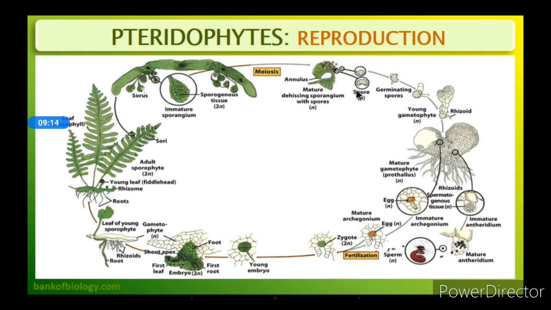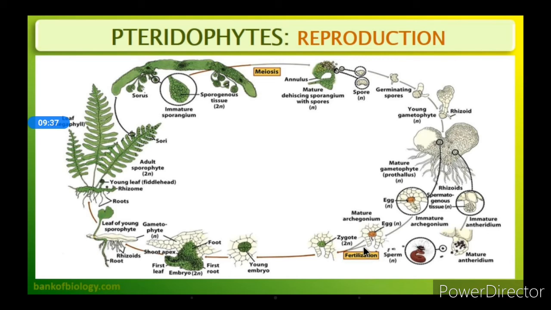The spores are released, and they will start growing, and the rhizoid will start coming out, and you can see the photosynthetic thalloid. The prothallus starts developing, in which both archegonium and antheridium, male and female sex organs, will be present. That means sperm and egg will be there, which will fuse and form the zygote.